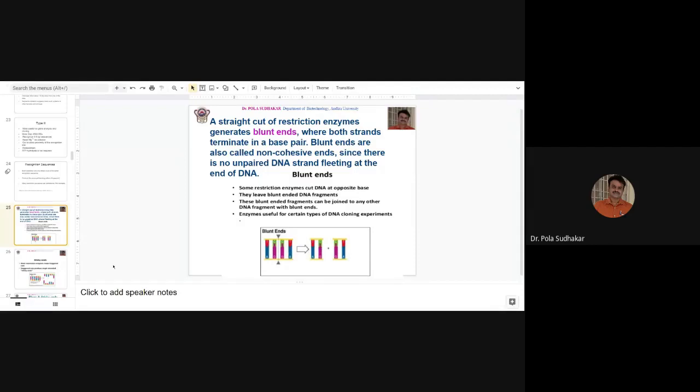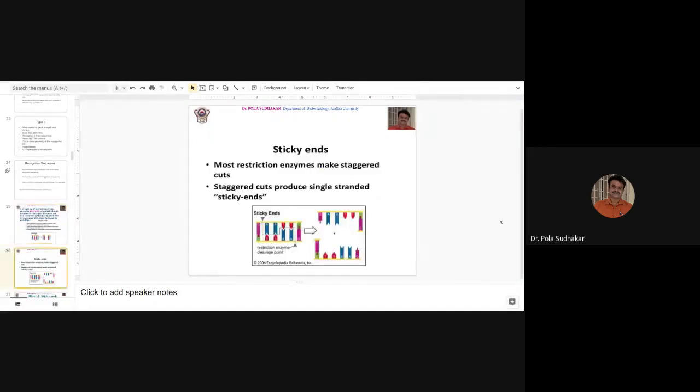Next, sticky ends. Most restriction enzymes make staggered cuts.